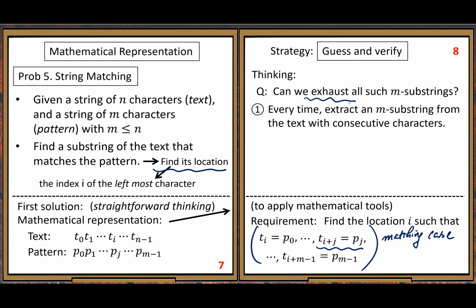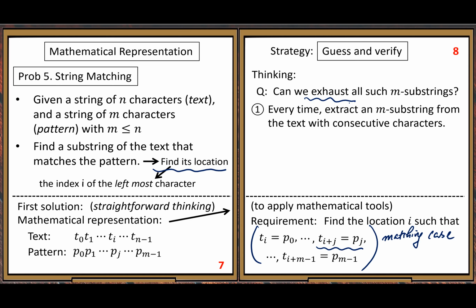So to get a step-by-step procedure: step one, every time we extract one M substring from the text with consecutive characters.